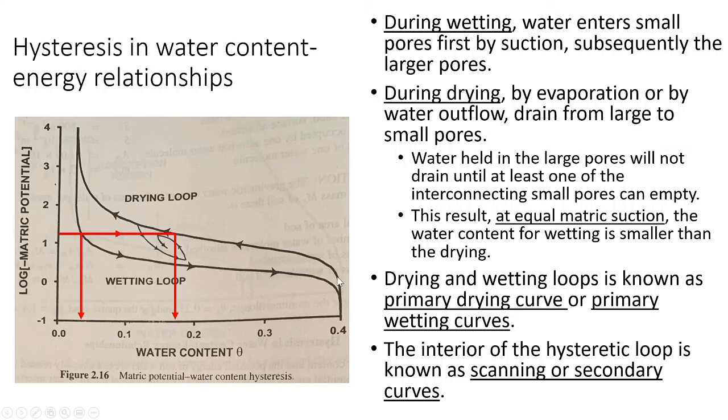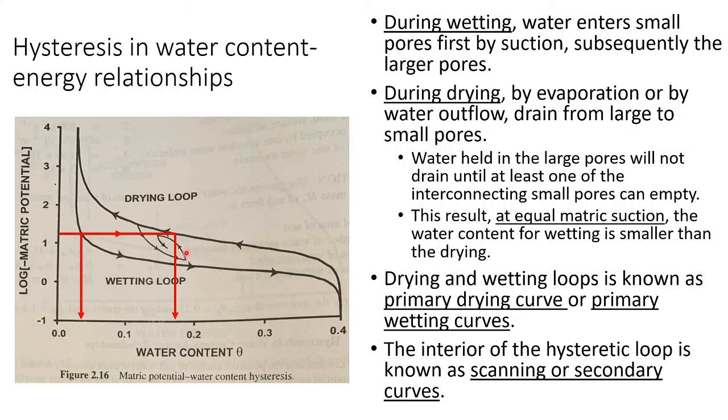Because during the process of drying, up to this stage at this matric potential, suddenly, let's say we try to wet the soil. At this stage, when we wet the soil, it will go through this process, and then suddenly we decide to dry the soil again.